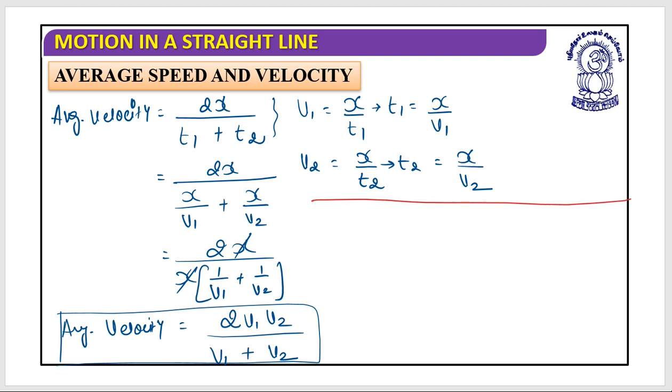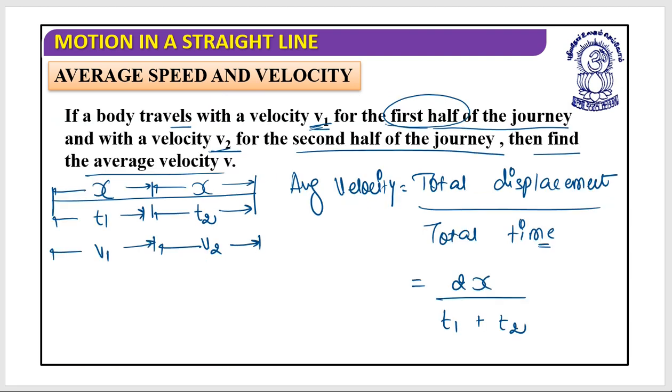I would like to write one more generalized relation. Now do you know the question exactly? They have asked that their distances are equal, not only half of. Let's say this is x, this is x, this is x, and onwards.